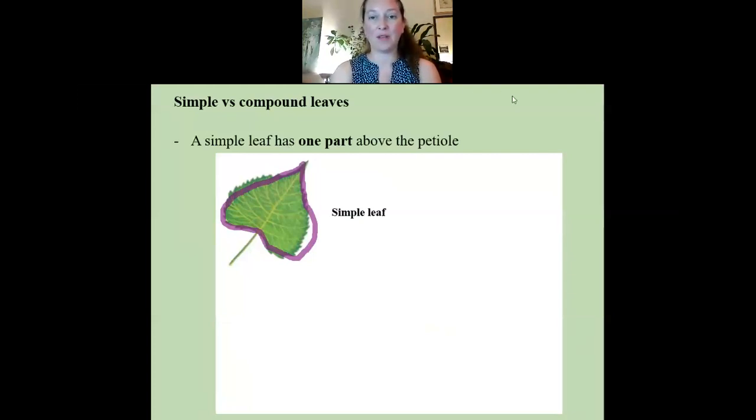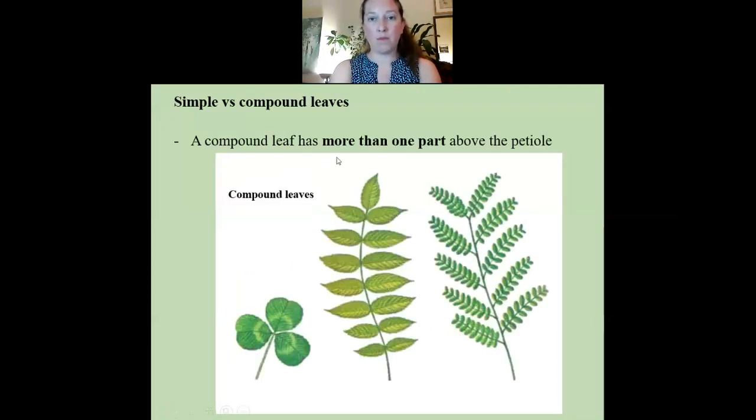If you have a compound leaf, though, there will be more than one part above the petiole, right? In the case of this one on this side, here's a petiole, and this has three things above the petiole, right? More than one. And in the case of this one, there's the petiole right there, and this has 1, 2, 3, 4, 5, 6, 7, 8, a lot of things above the petiole.